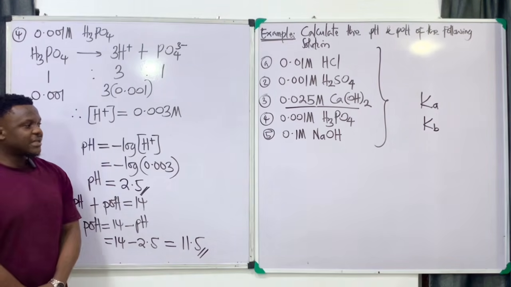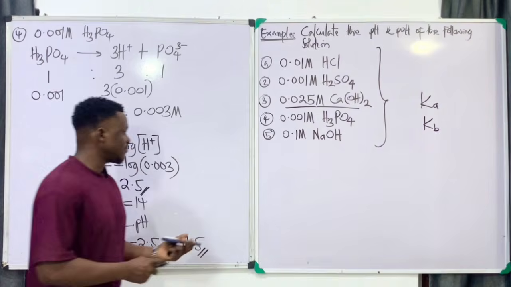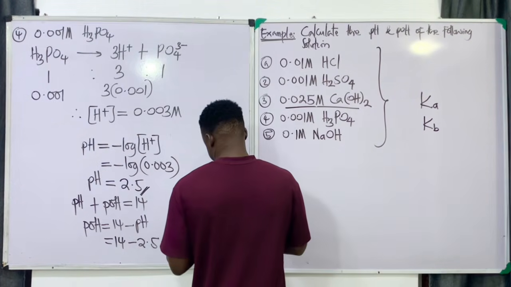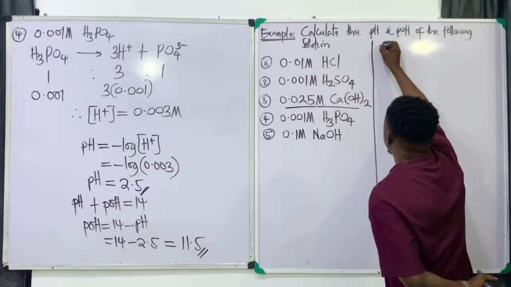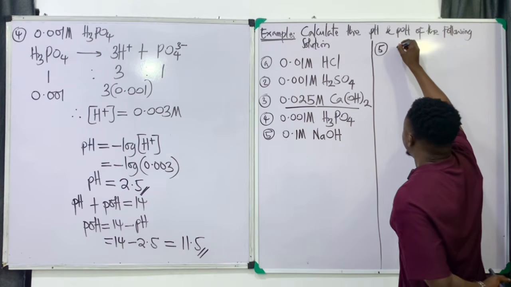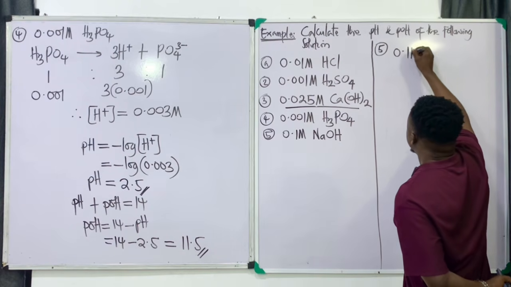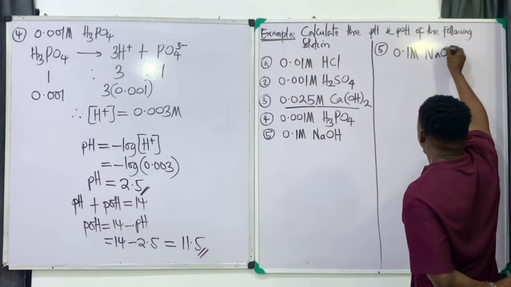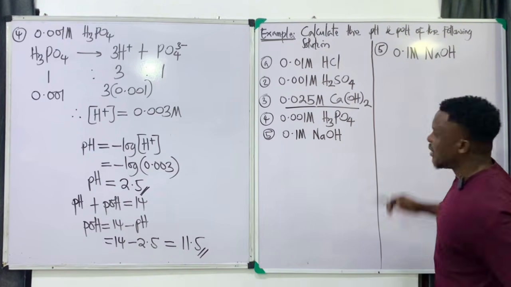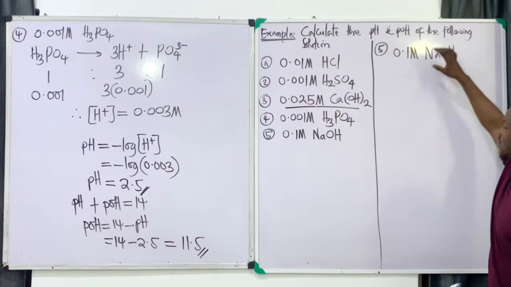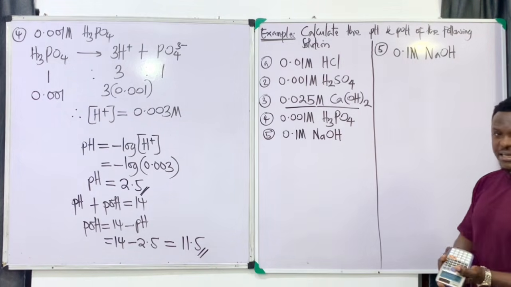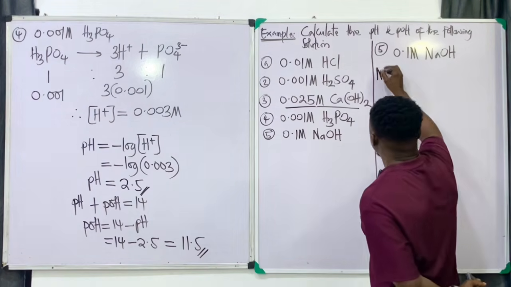Now the last but not the least, so let me just solve this. For number 5, they gave us 0.1 molar NaOH. Now this is a base by virtue of having OH. So when this dissociates, it will give rise to OH minus and Na plus.